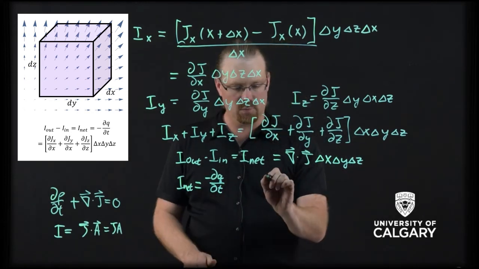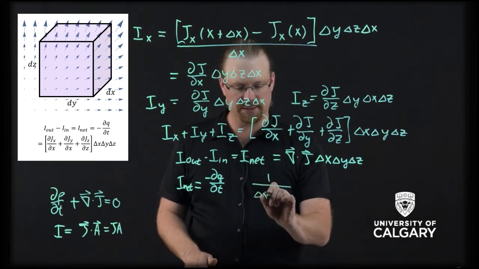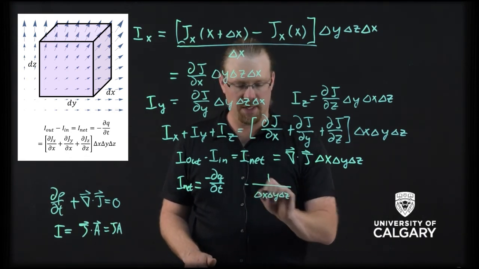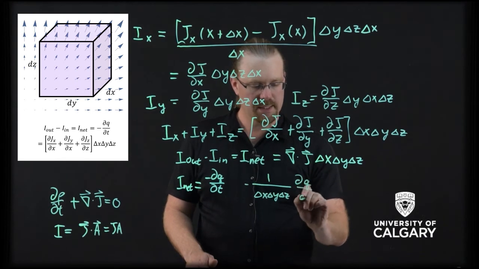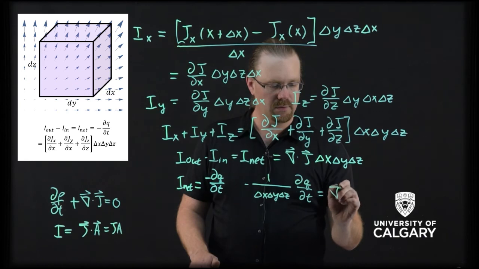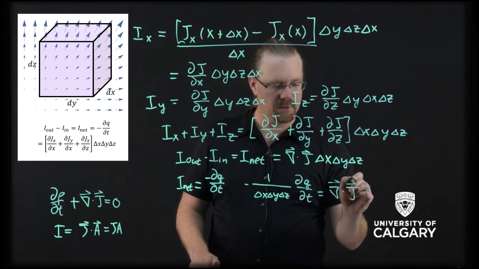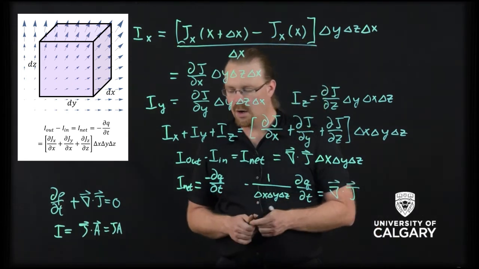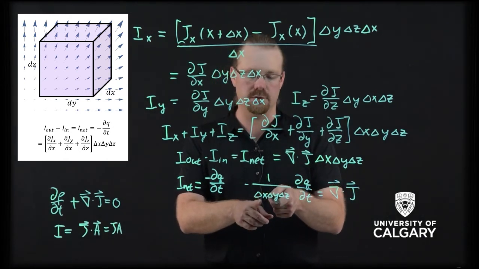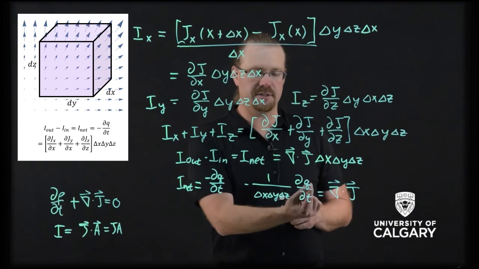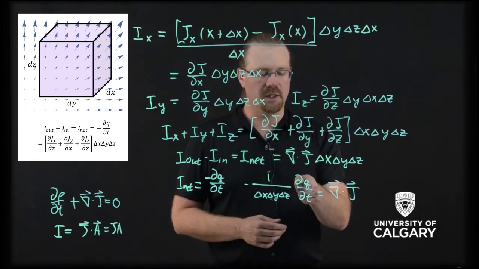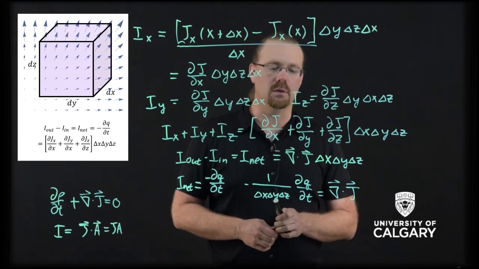So we now have 1 divided by delta x, delta y, delta z, times minus dq dt is equal to the divergence of J. What we can do is we can say that for sufficiently small delta x, delta y, and delta z, we can pass this inside of our time derivative as long as it's not changing with time, and then q becomes rho, our charge density.